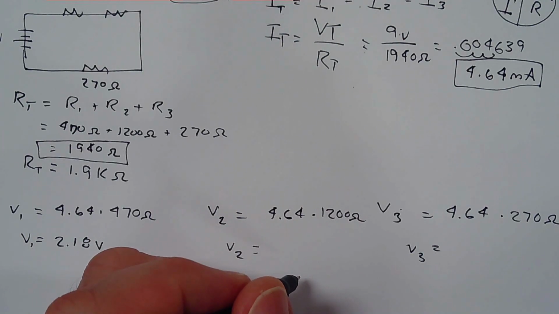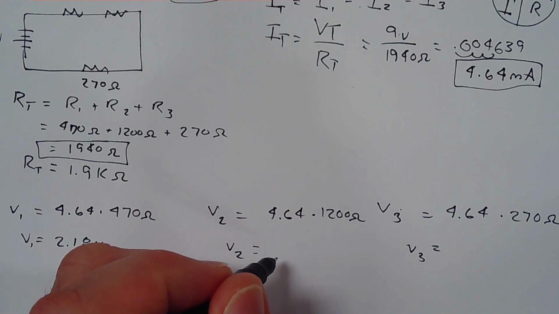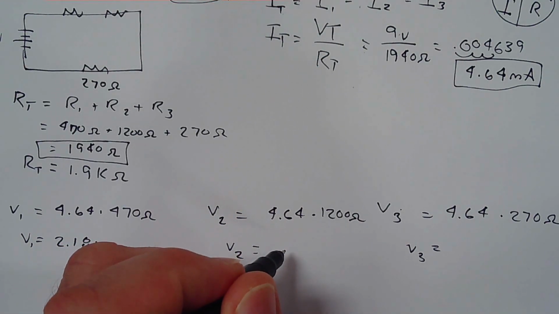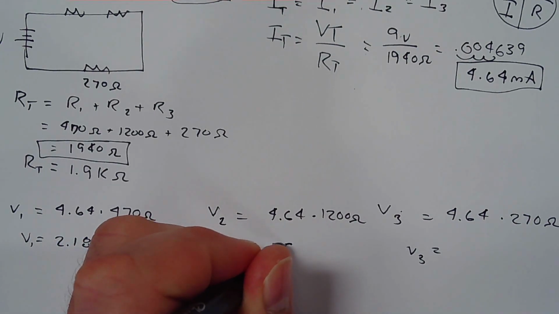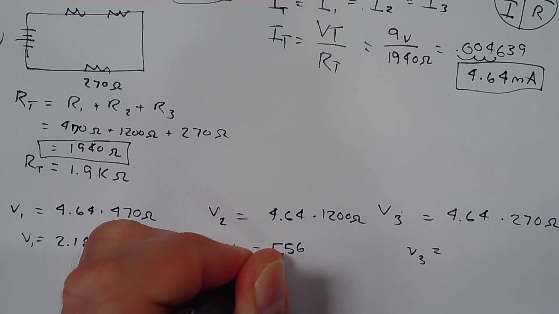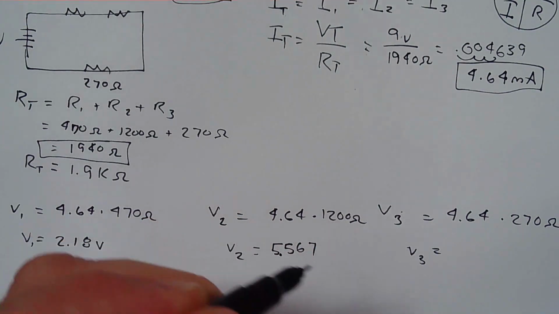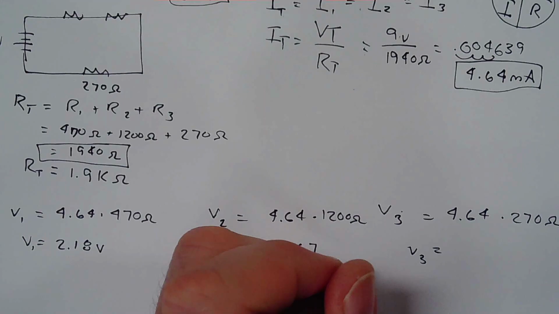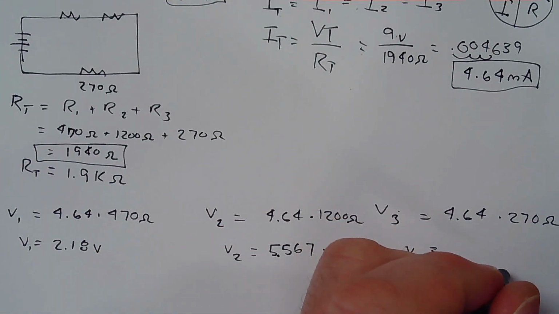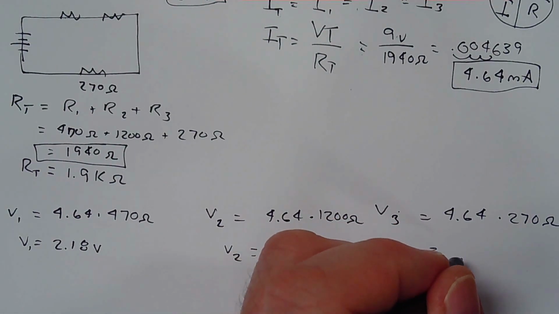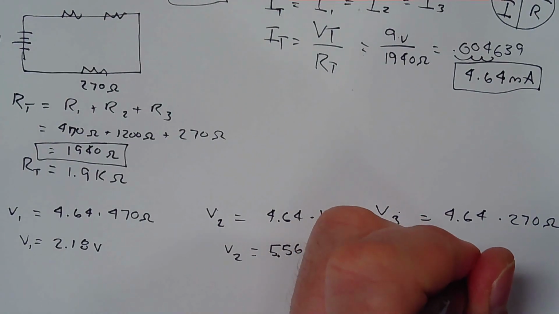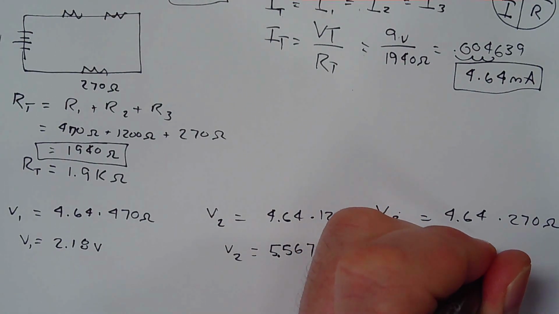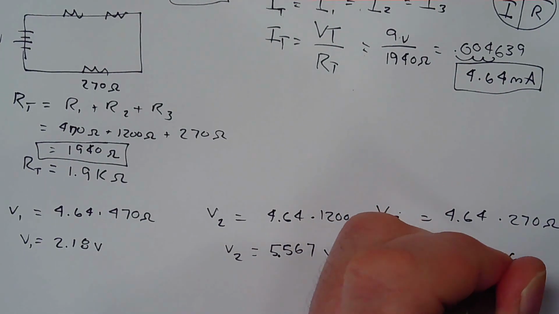And I'm going to memory recall that number times 1200, 5.567. And again, these are volts. And then current times 270, 1.2526.